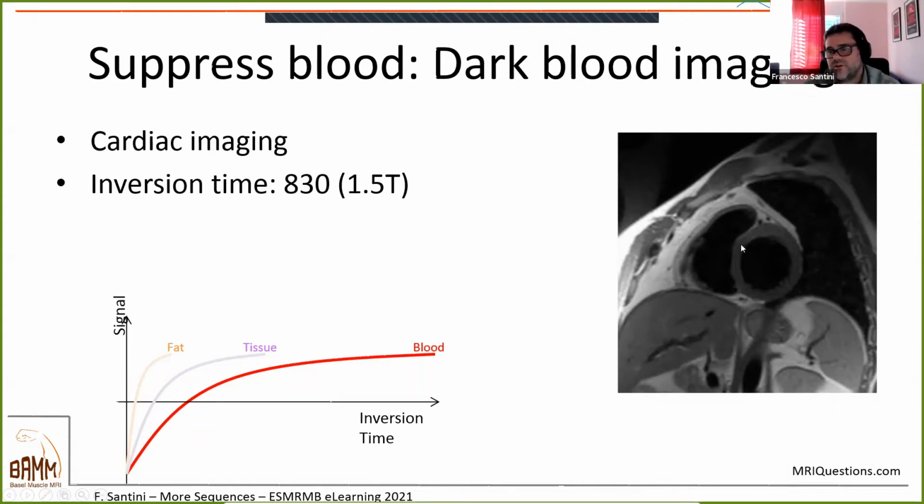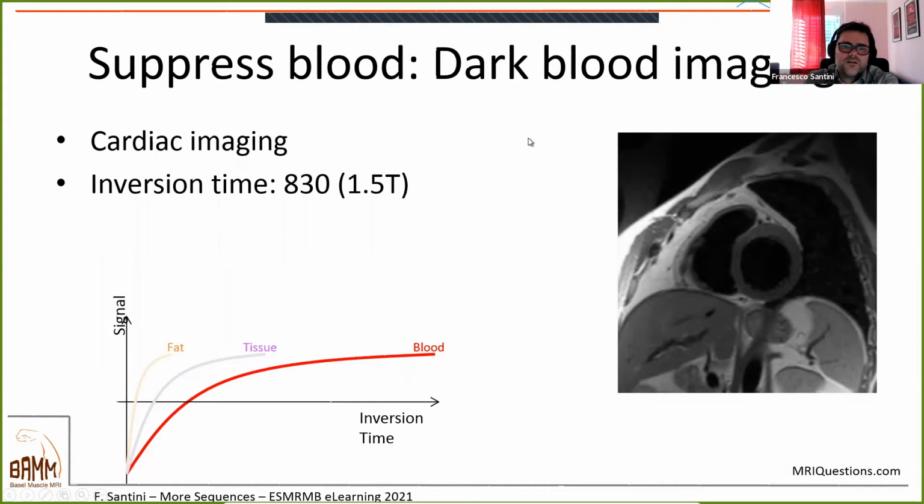So this slice will have all the spins re-inverted, so the tissue will go back to its original magnetization. And by the time we acquire the signal, the blood that was re-inverted will have moved out, and so you will have a dark signal from the blood and a nice signal to noise in the tissue. So it's still another inversion recovery sequence, in this case used for cardiovascular imaging.